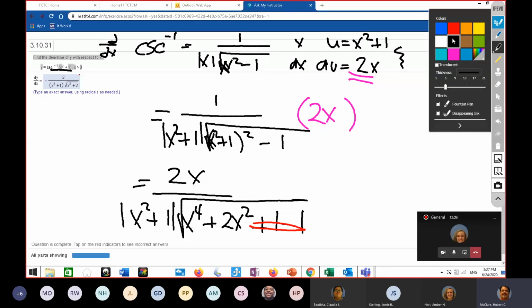Okay, so that's going to be 2x over the absolute value of x squared plus 1. Somebody, if I factor out an x squared, what is the square root of x squared?